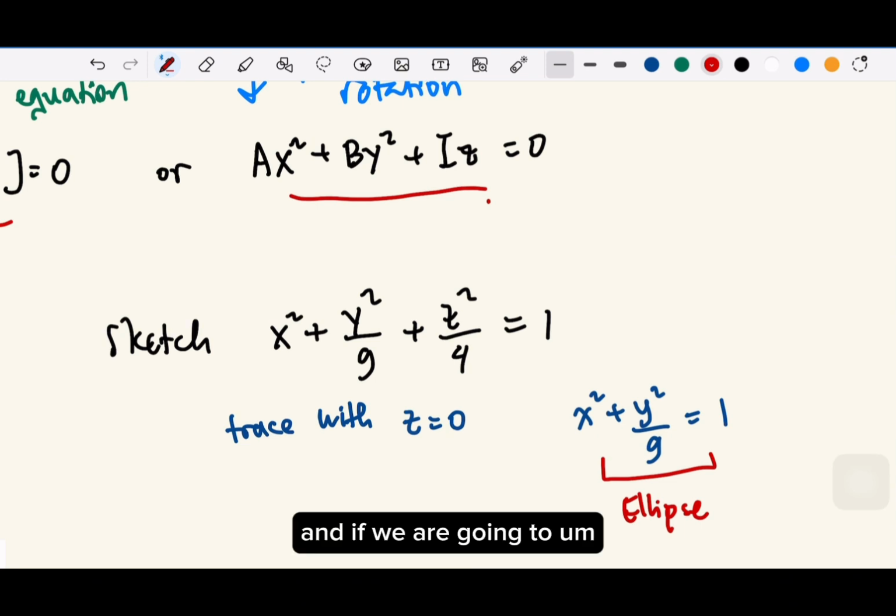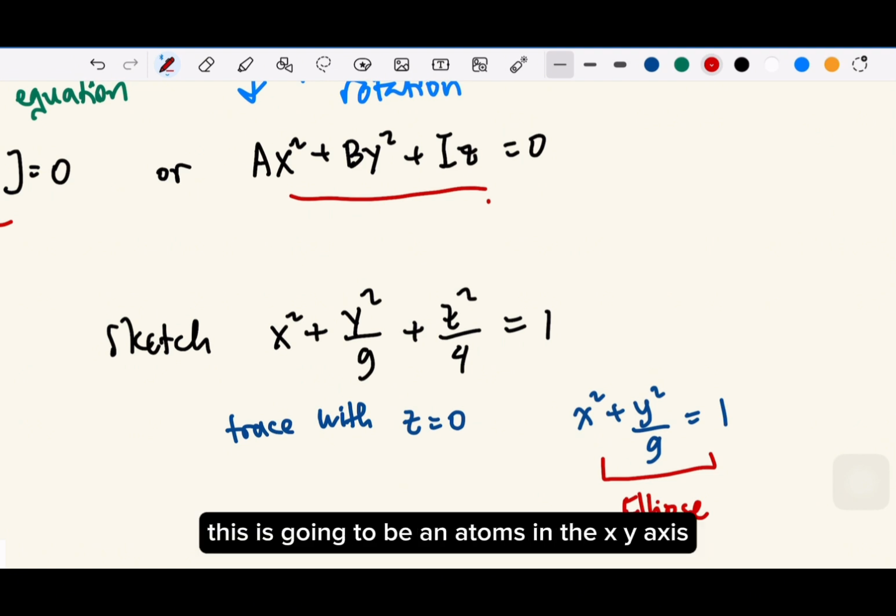And if we are going to, imagine this is going to be an ellipse in the xy axis.